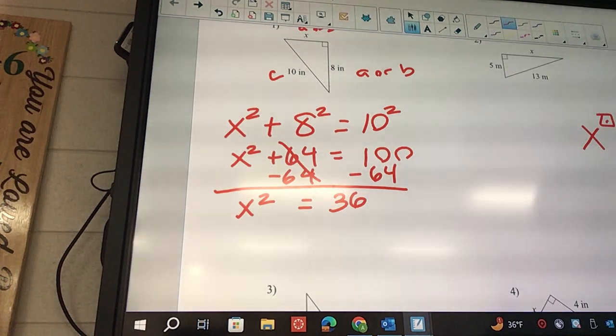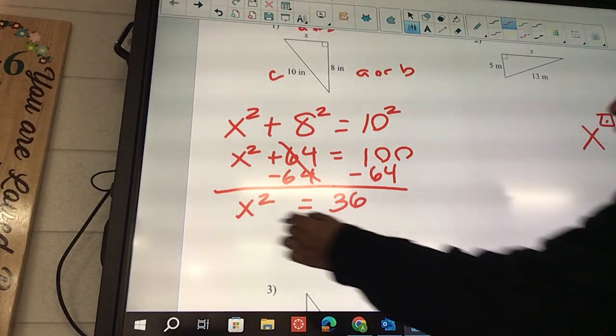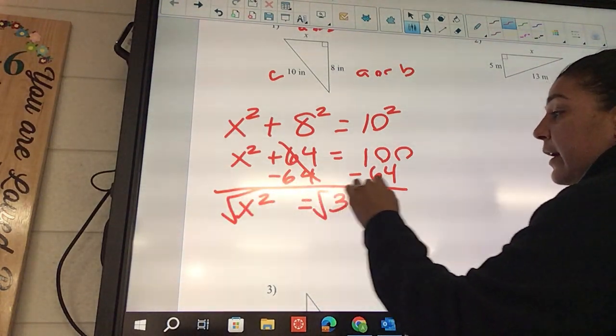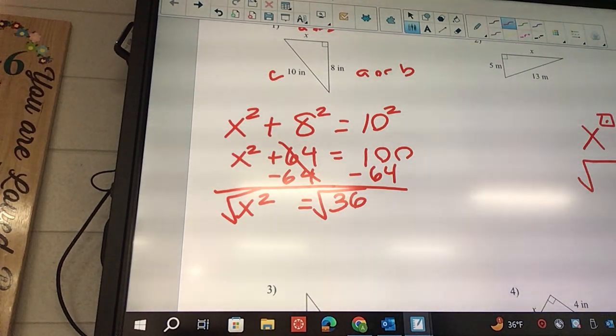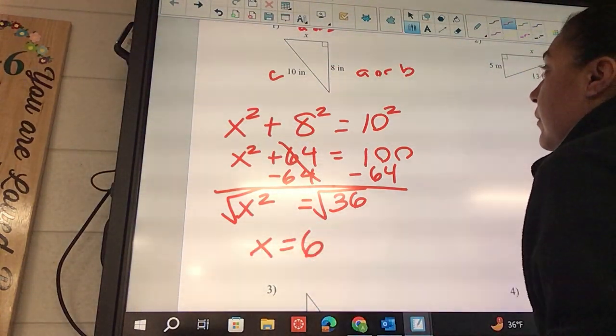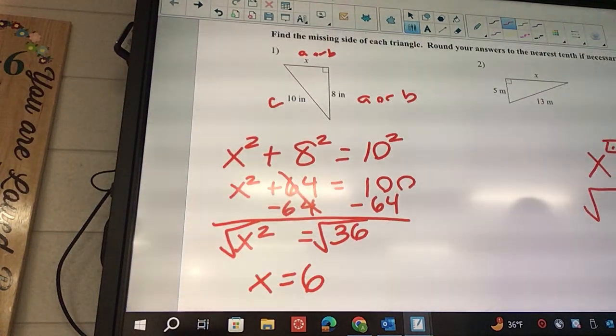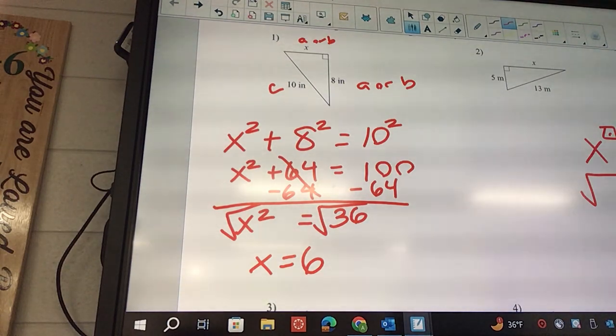Multiplication is an opposite with what? Division. A squared, the little baby 2, and a square root are opposites. So we're going to square root both sides. On your calculator, there is a square root button, and you're going to put the 36 underneath. So it's going to be 6. And so 6 is our missing side.